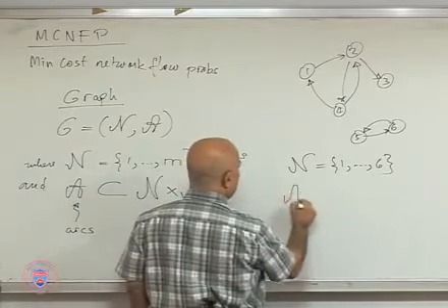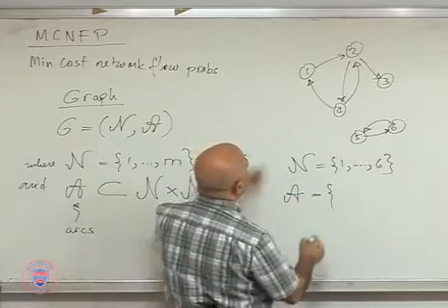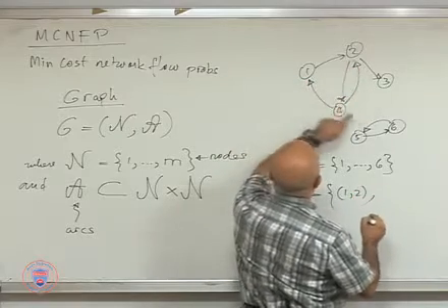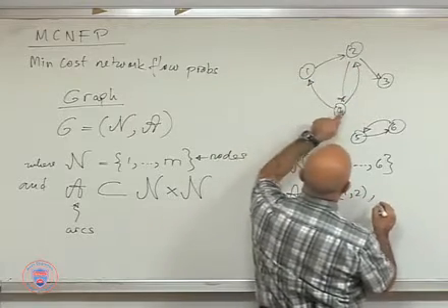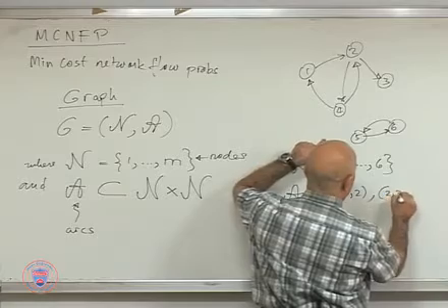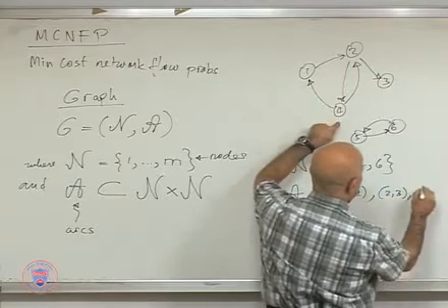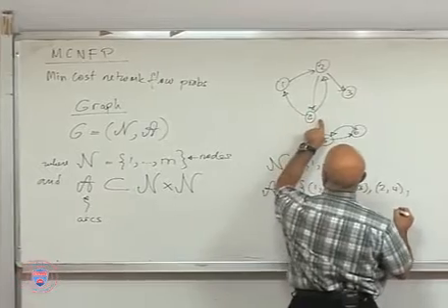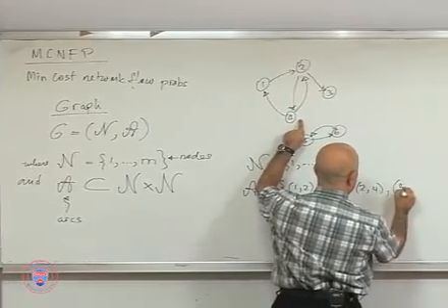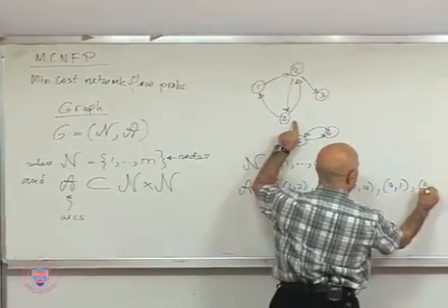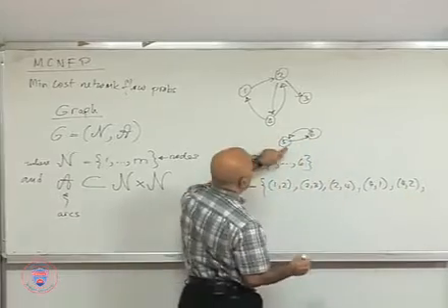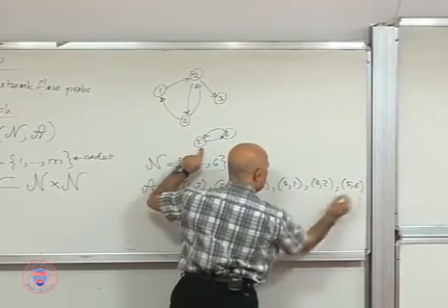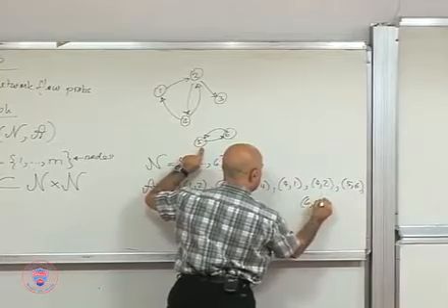And the arc set consists of 1, 2, 2, 3, 2, 4. What else? 4, 2, 4, 1, 4, 2. And 5, 6. And 6, 5.